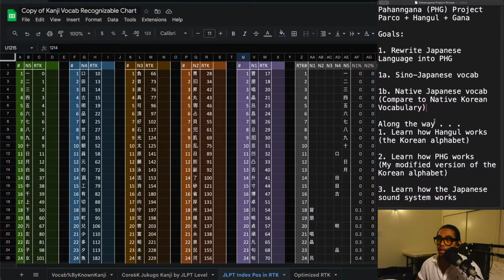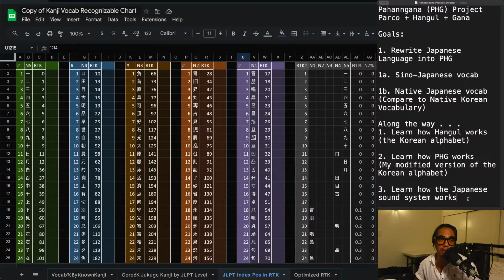Along the way, if you don't know how Hangul, the Korean alphabet, works, you're going to learn how that works as well. You're also going to learn how Pahanngana is different from Hangul and how it works. We're also going to see how the Japanese sound system works and why hiragana and katakana are not ideal for diving deep into how the sound system works in Japanese.